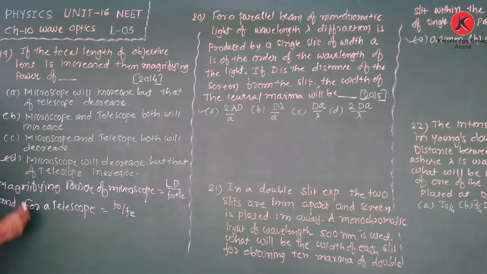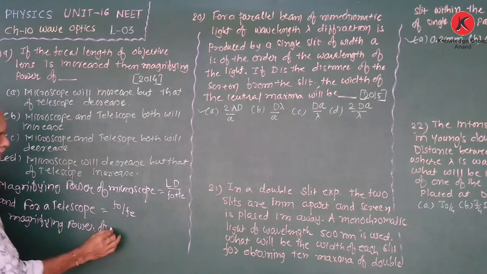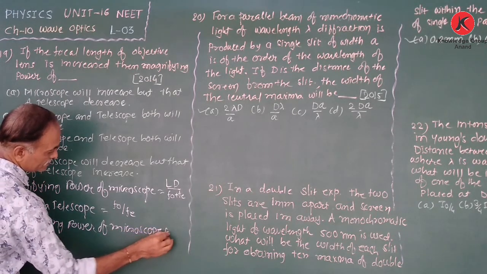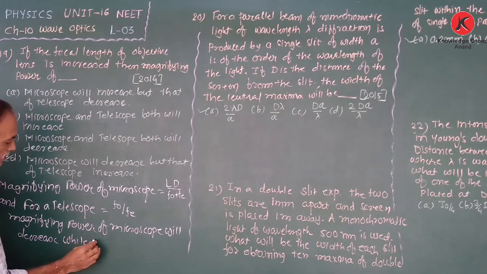Therefore, option D is right: the magnifying power of the microscope will decrease, while that of the telescope increases.